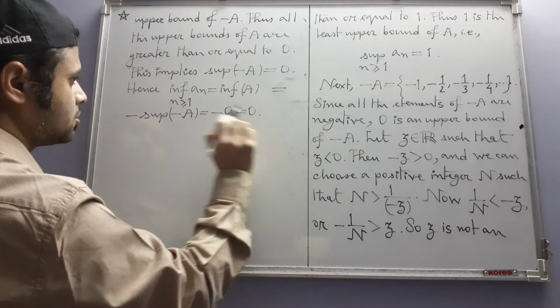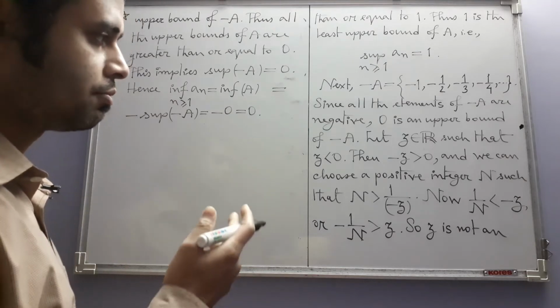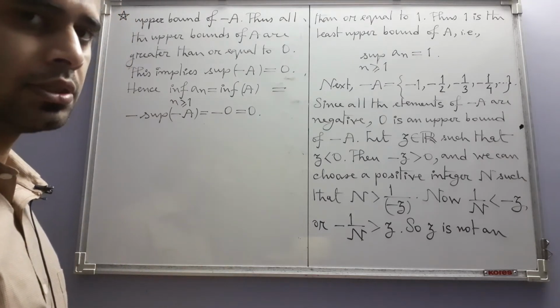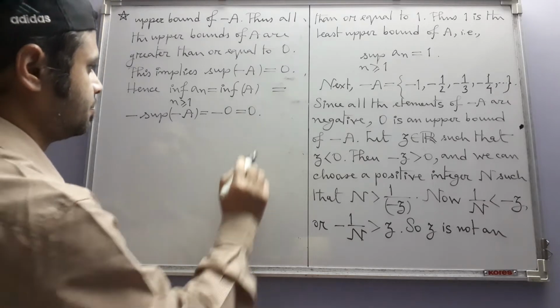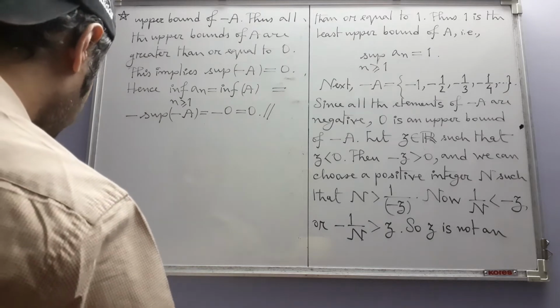So this is equal to 0. So that's how we know that the infimum of the sequence of reciprocals of positive integers is 0. So this completes the solution.